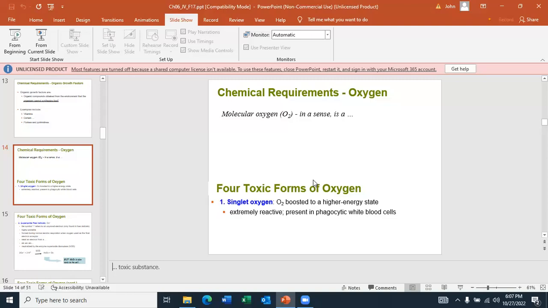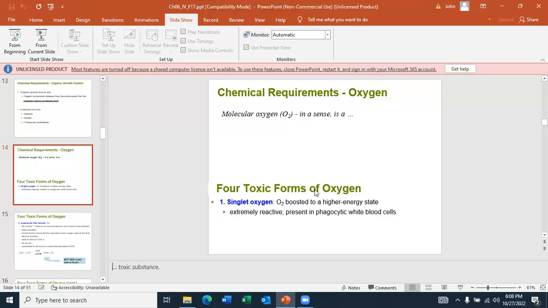All right, oxygen is in a sense a toxic substance for all organisms, including aerobes. There are 4 toxic forms of oxygen. The first is singlet oxygen, where oxygen is boosted to a higher energy state.